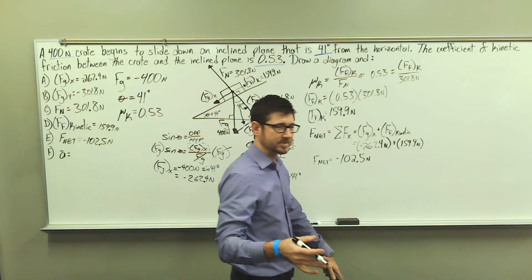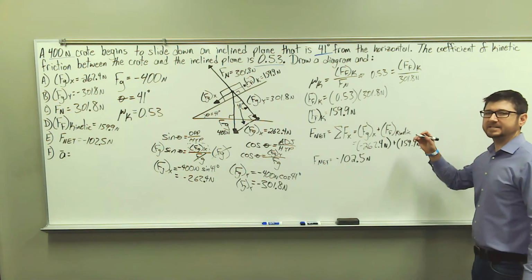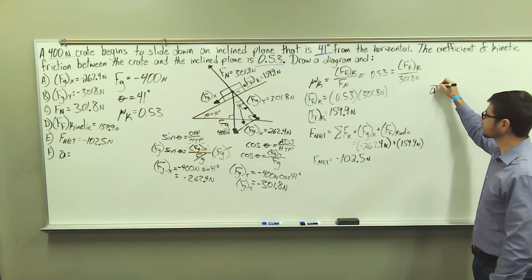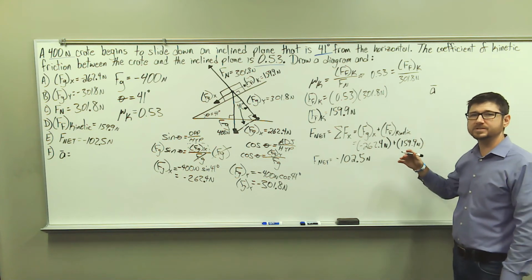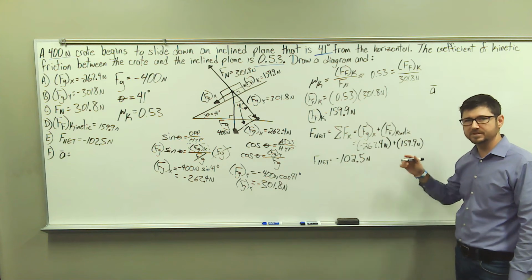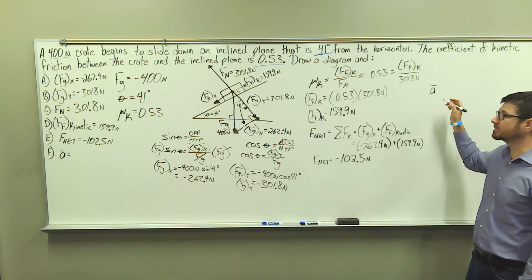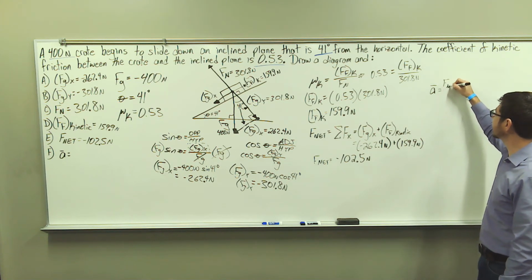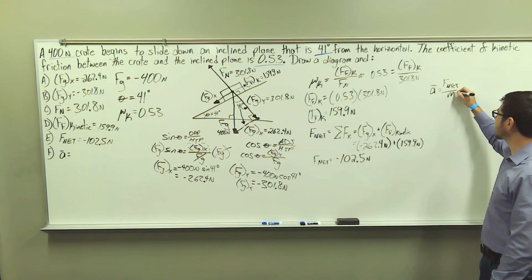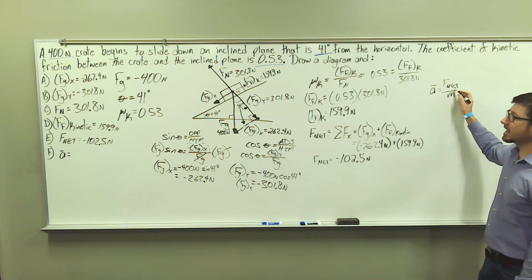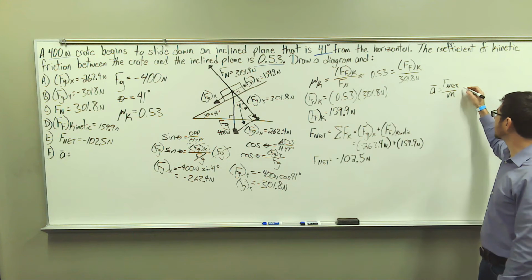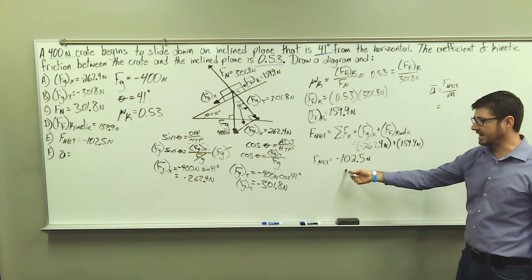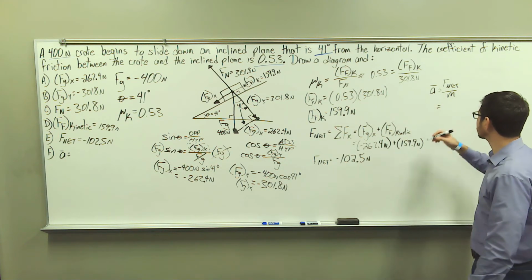So according to Newton's second law, we know that the acceleration of an object is directly proportional to the net force applied to the object and inversely proportional to the object's mass. So F net divided by mass. So we calculated the net force applied to the object, this is a negative 102.5 newtons.